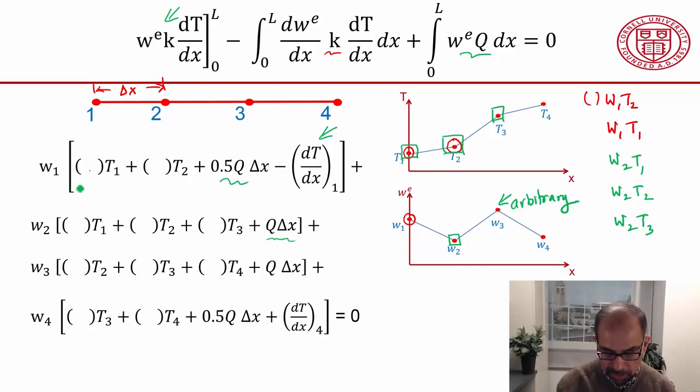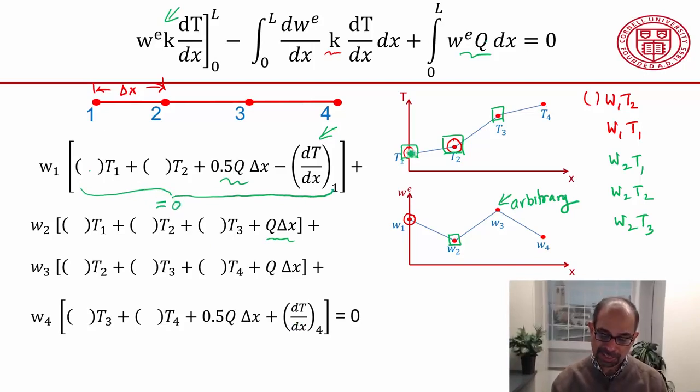Since W1 is arbitrary, I will set that as equal to 0. And that gives my equation at the first node. So whatever multiplies W1, these terms will contribute to the equation at the first node. Whatever multiplies W2 will contribute to the equation at the second node, and so on.